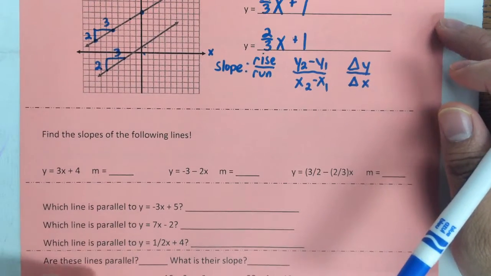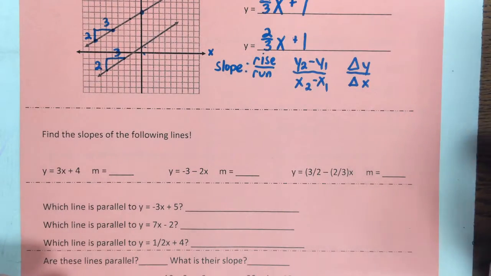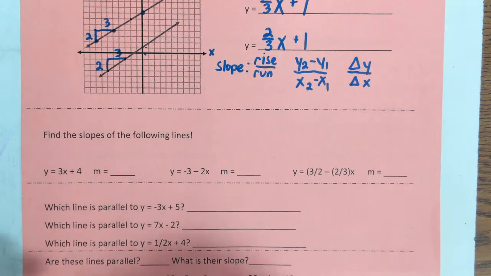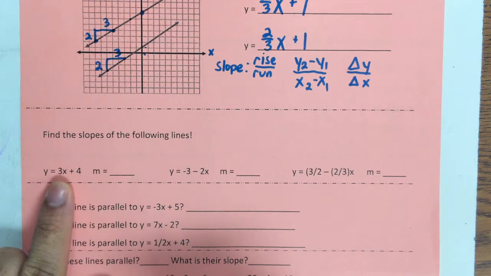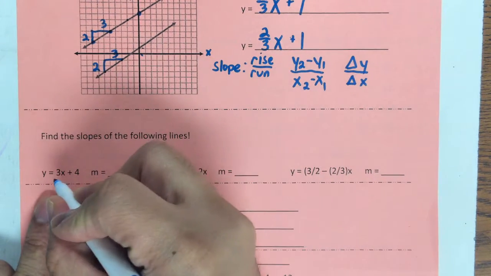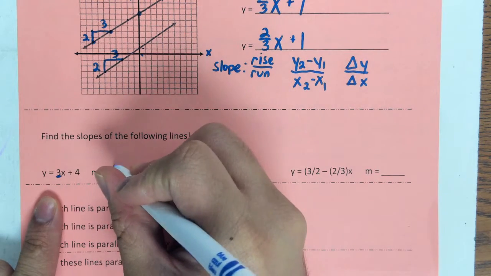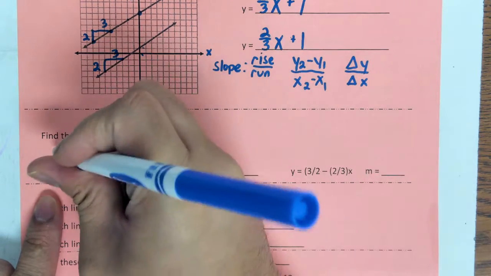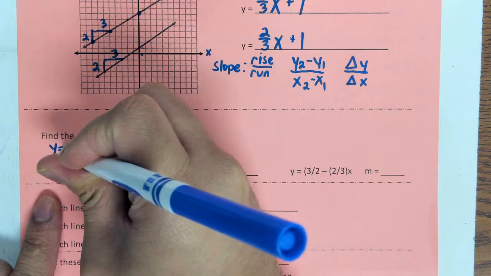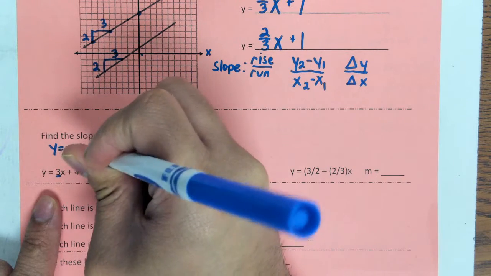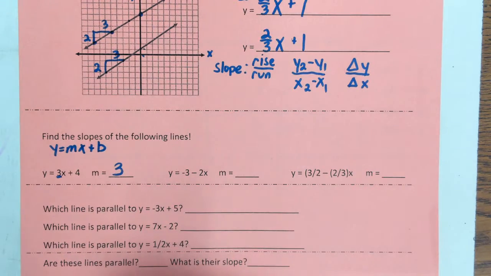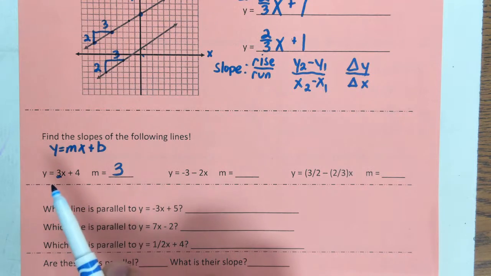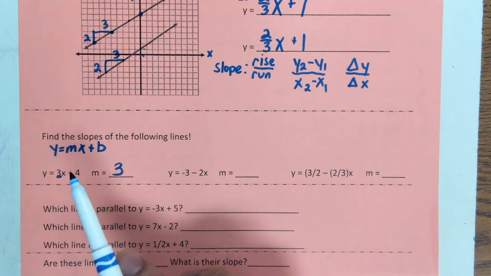So look at my equations over here. Let's find the slope of the following lines. Again, slope is the number in front of your x. In this case, the number in front of my x is 3, so the slope is 3. Do note that this only works for y equals mx plus b. It needs to be in y equals format. If we don't have y equals, this will not work.